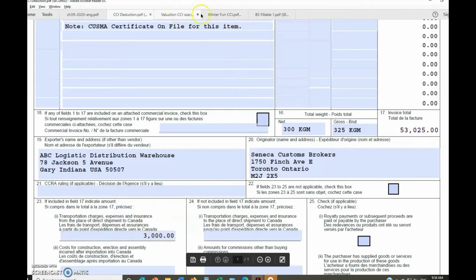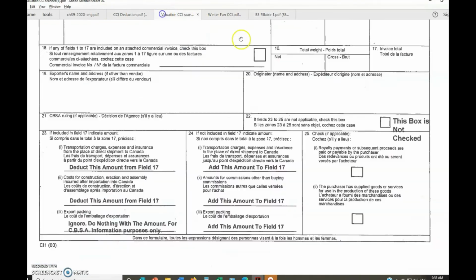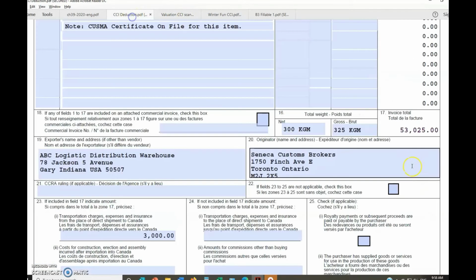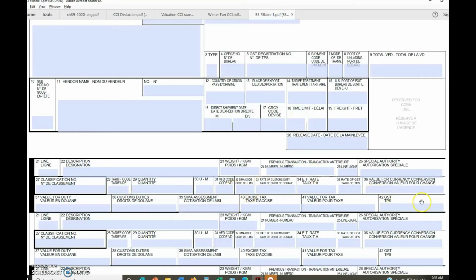And when you make your B3, you're going to put 14 or 24 in field 31 to indicate to Customs that the amount in here is different than the amount on the Canada Customs invoice because it's going to be a lower amount. So all you're doing is indicating to Customs that you made a change, that you deducted an amount from here, or if you have to add, that you've added an amount from there.